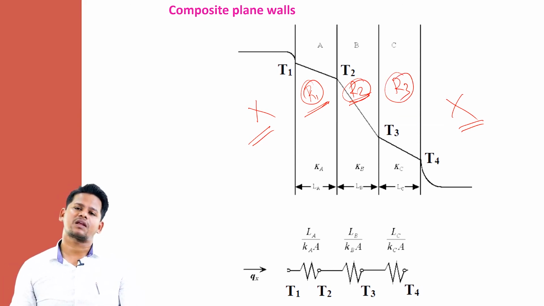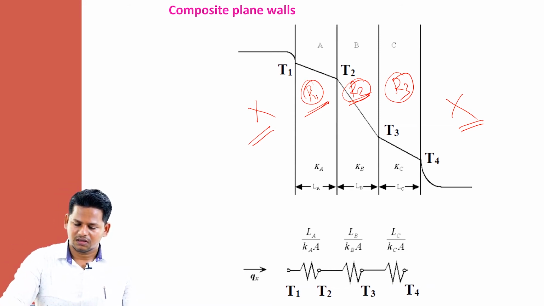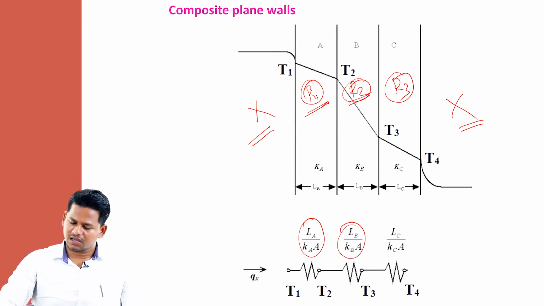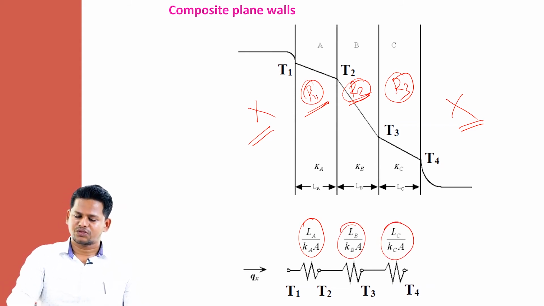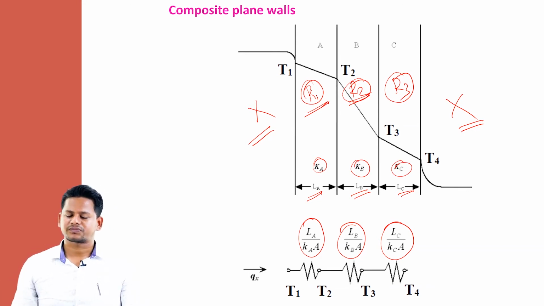How can we find them? Very simple, L by Ka for each. Assume they have different thickness and different thermal conductivity. They are not homogeneous, but the cross-sectional area is the same.